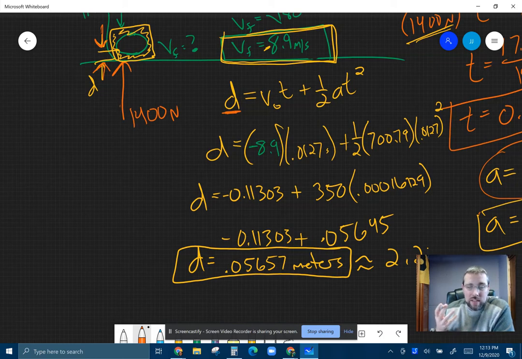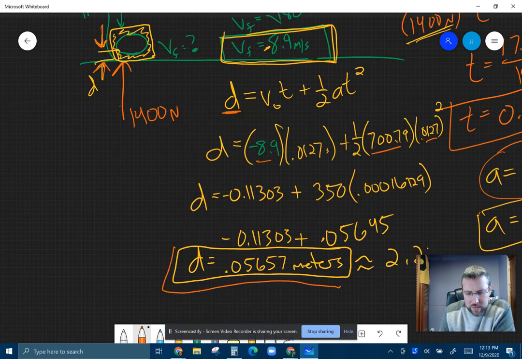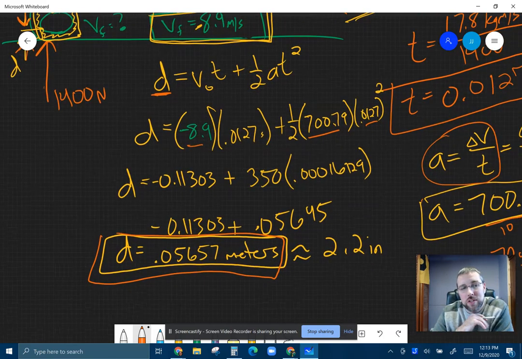So it really has to decelerate. This becomes a linear motion problem again. So we plugged in our acceleration, we plugged in our time, we plugged in the initial velocity of negative 8.9, right? We crunch some numbers and we get 0.05657 meters, or about 2.2 inches. That's the padding we need to save our watermelon.